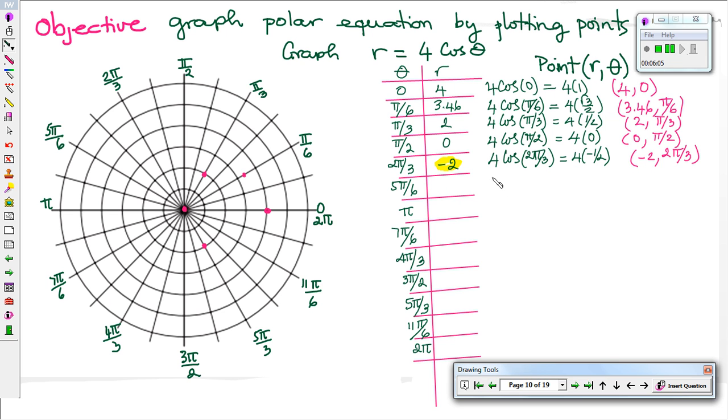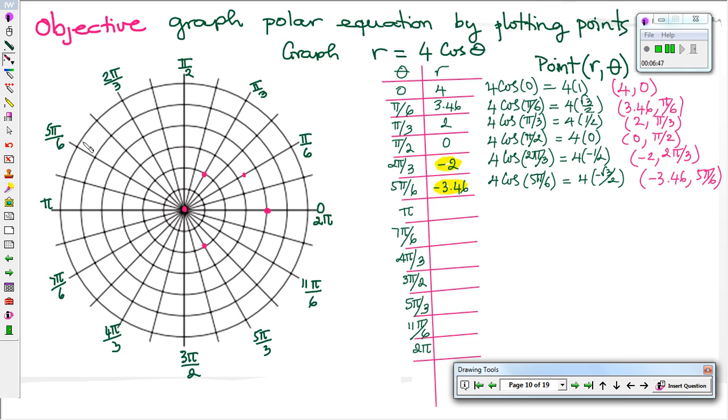Okay, next point now, with 5 pi over 6, we do 4 times cosine of 5 pi over 6. So 4 times negative square root of 3 over 2, so it's about negative 3.46. Again, we do have a negative directed distance. So the point now is negative 3.46, 5 pi over 6.